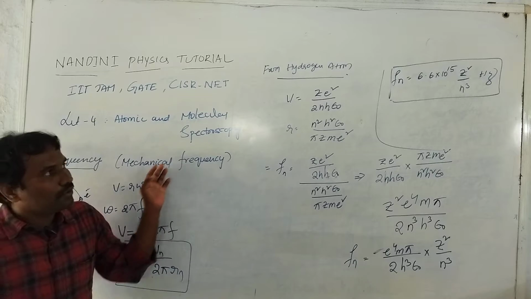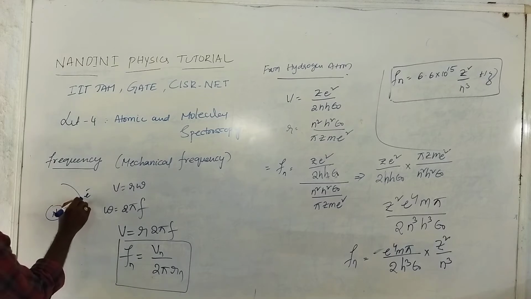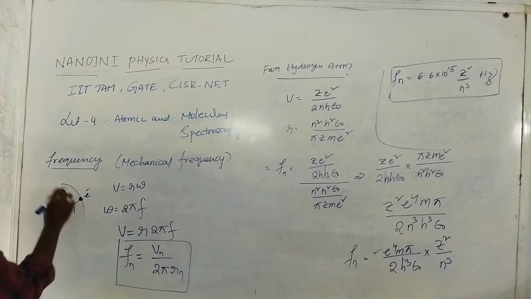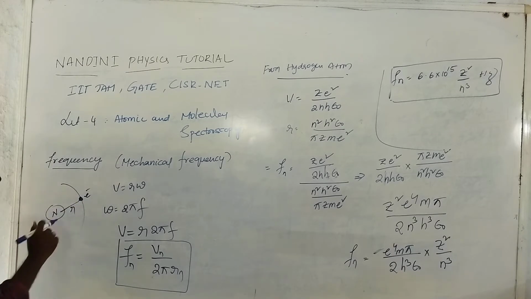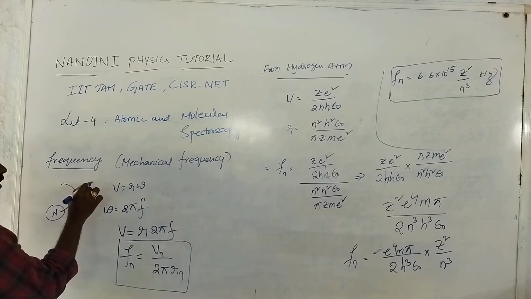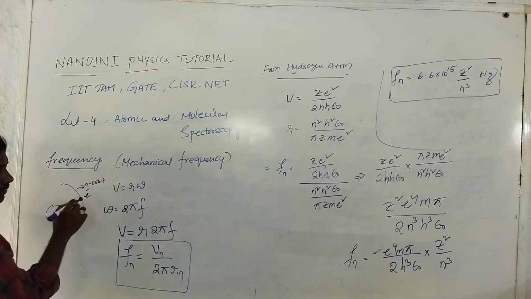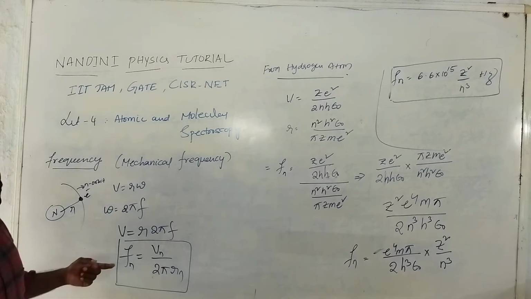I want to find the frequency of the nth orbit. When an electron is revolving in any fixed or stationary orbit, and you consider this is the nth orbit, then I will find out the frequency of this revolving electron for the nth orbit.